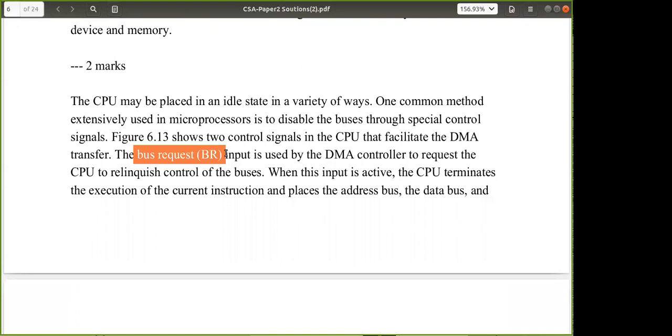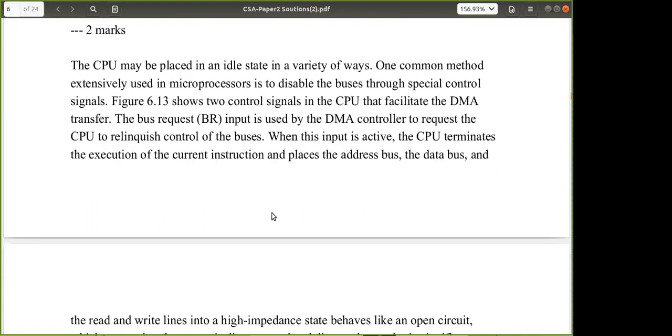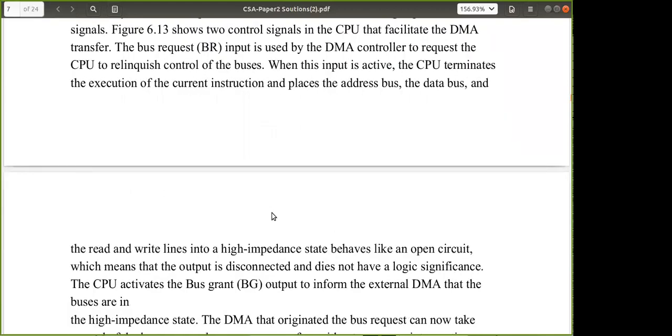It means it wants the CPU to voluntarily give up control of the buses. So when the DMA makes the request, the CPU terminates the execution and puts its address buses, data buses, and the read write lines into the high impedance state.